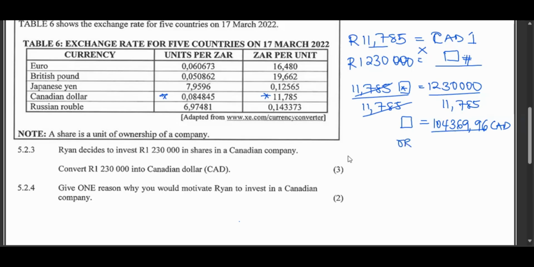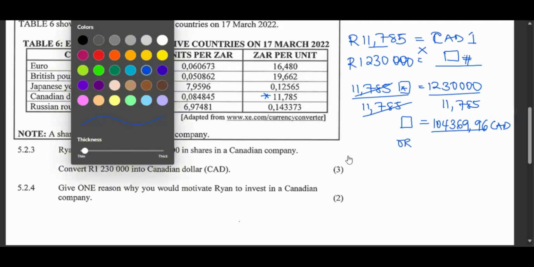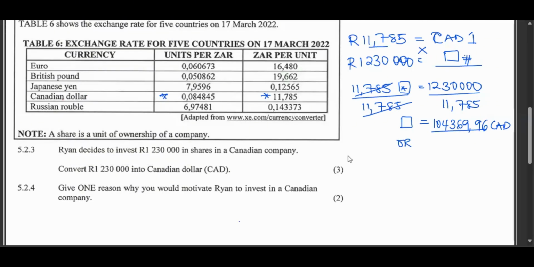I'm going to show you if we had used this other side, because at first we used this one. This is method 1. So method 2, we are going to use this one here. What does this one say? This one says units per ZAR. That means for 1 rand you have 0.084845.